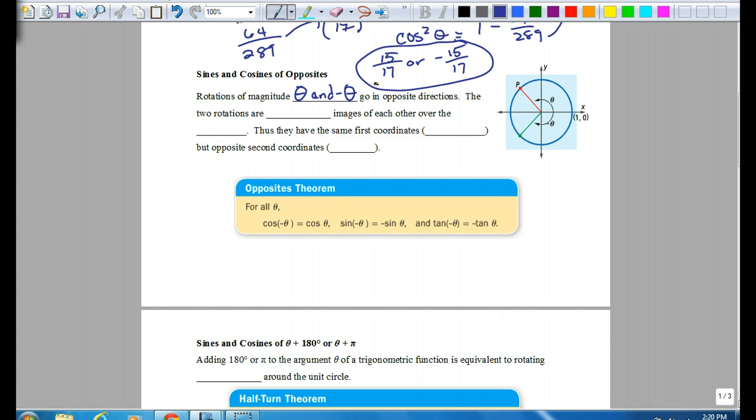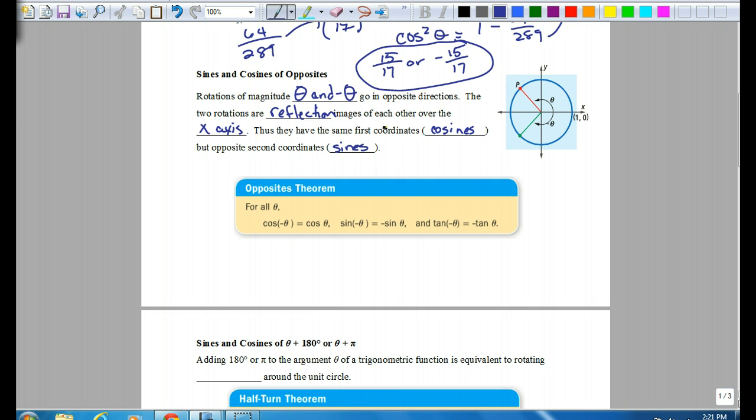The two rotations are reflection images of each other over the x-axis. Thus, they have the same first coordinates, which are the x coordinates, so their cosines are the same, but opposite second coordinates, which are the y coordinates, the sine.